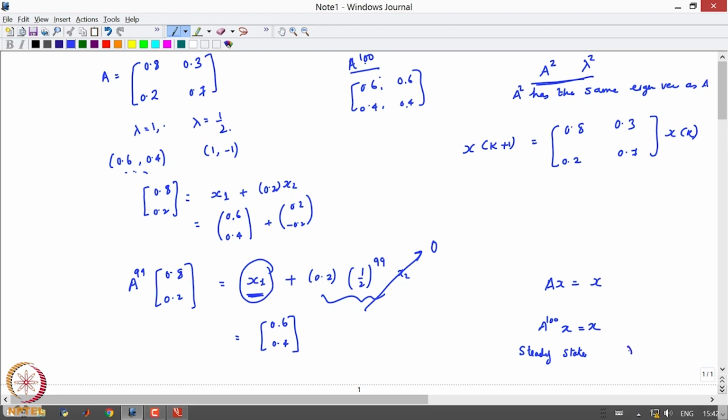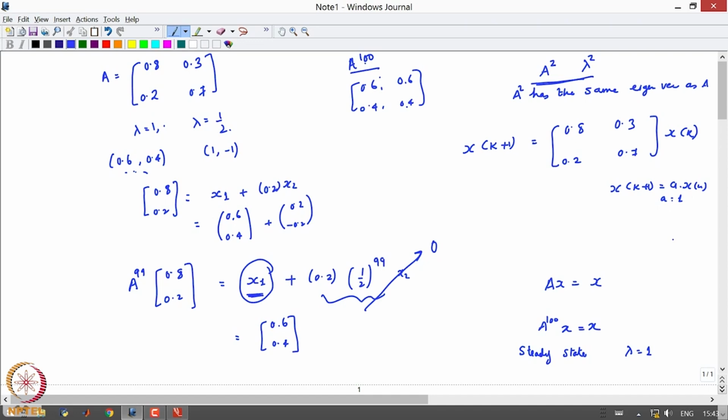This corresponds to the eigenvalue lambda equal to 1. And say I have a scalar system xk plus 1 is a times xk where a equal to 1, right? I will just be at the initial condition for all times k greater than or equal to 0.